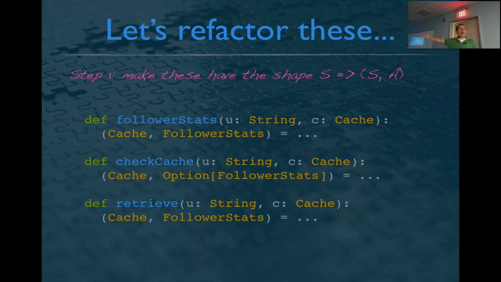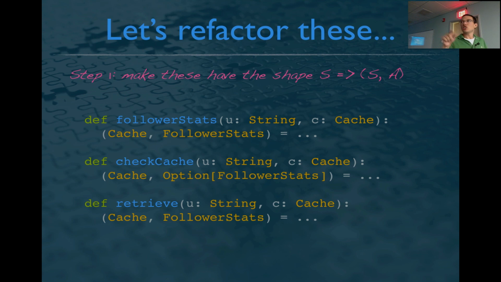Well, these don't have the shape S to (S, A), right? So right off the bat, we're kind of in trouble. followerStats takes a string and a cache and returns a cache and a FollowerStats, etc. So how can we refactor these to force them into that shape? Anyone have any ideas? What if we partially applied them, for instance?